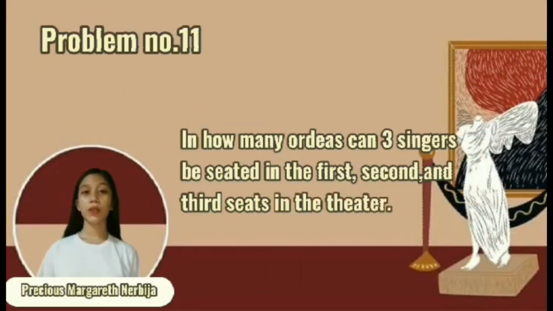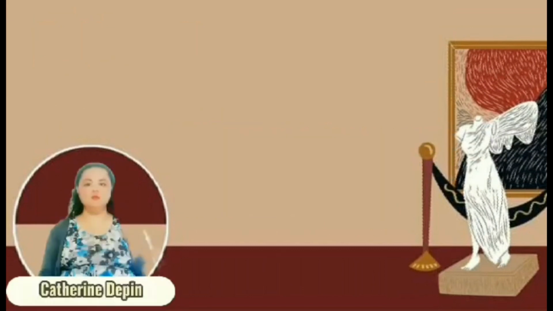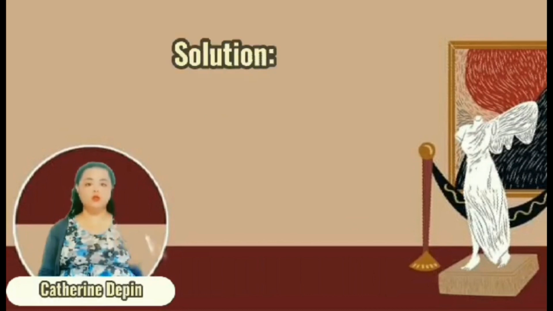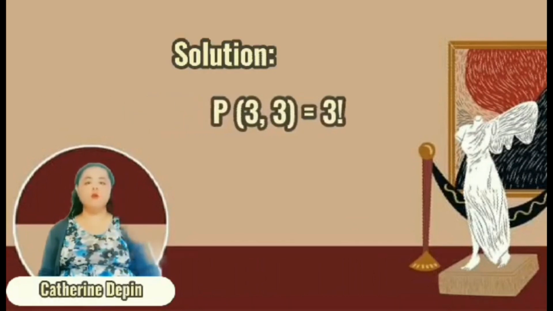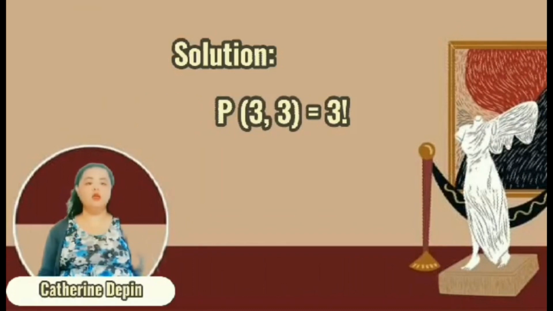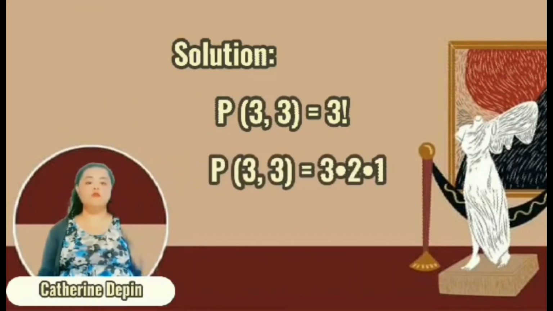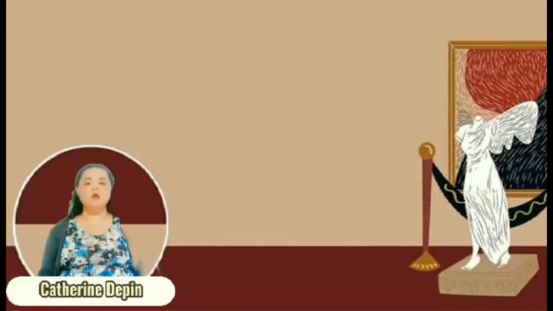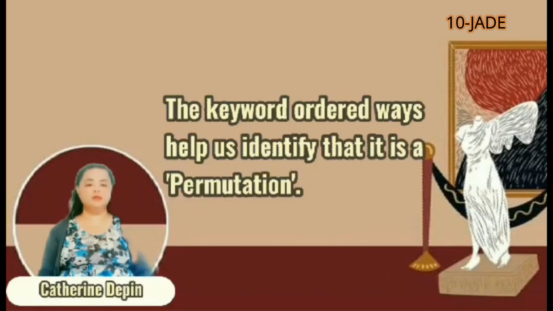In how many ordered ways can 3 singers be seated in first, second, and third seats in the theater? For our solution, P(3, 3) is equal to 3 factorial. P(3, 3) is equal to 3 multiplied by 2 multiplied by 1 is equal to 6 ways. The keyword ordered ways helps us identify that it is a permutation.